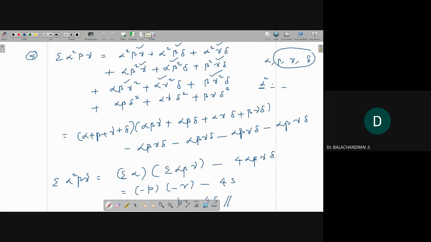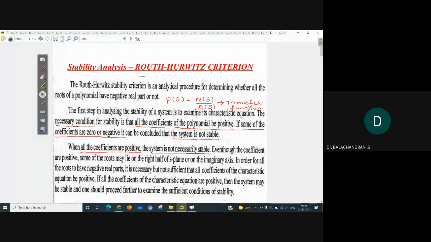Okay. So the next topic is stability analysis. I will explain the concepts first. Suppose if you have any doubts, then I will use this open board and explain.